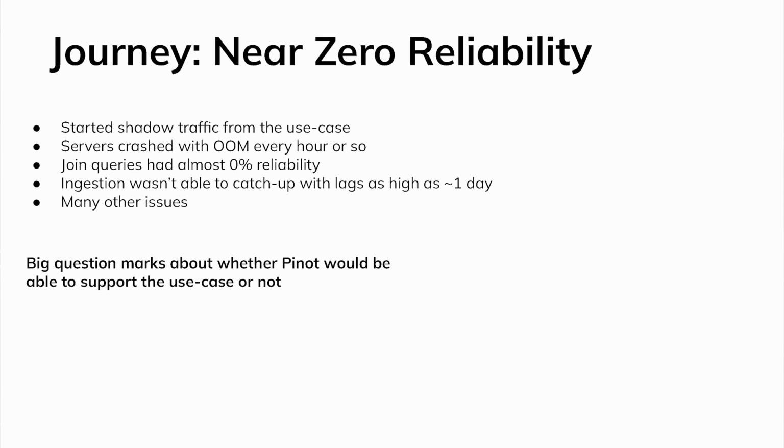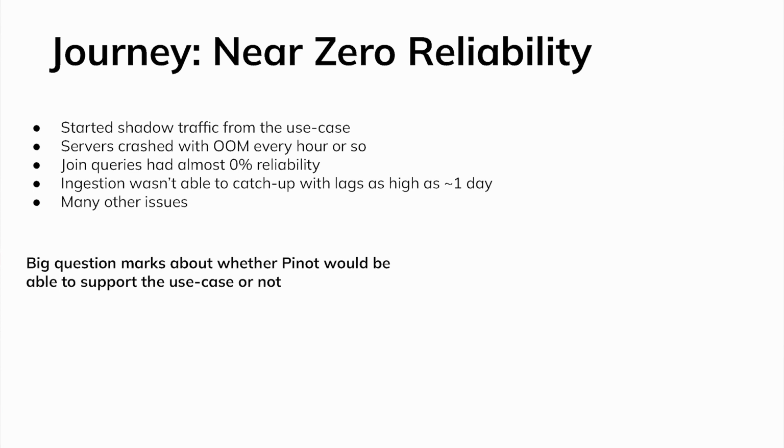The heat was really on because we enabled shadow traffic from our customer, and we essentially had 0% reliability. Everything was going down. Every 2 hours, the servers would crash. Memory was full. Ingestion lag was 1 day, and the table retention was 2 days. So yeah, it was not a good time.